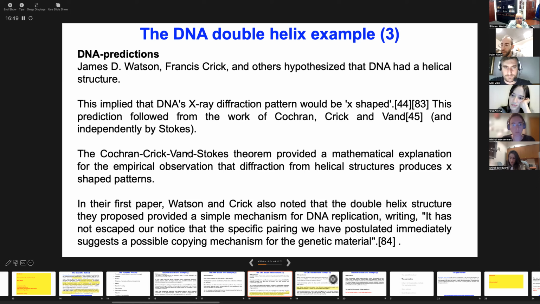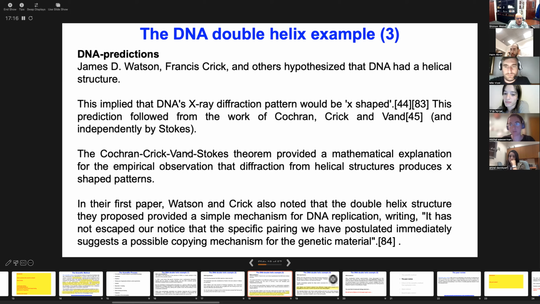And in the first paper, Watson and Crick also noted that the double helix structure they proposed provides a simple mechanism for DNA replication. So beyond just solving the structure, they already proposed in that paper, a very famous paper, and we are going to go over this paper in detail: "It has not escaped our notice that the specific pairing we have postulated immediately suggests a possible copying mechanism for the genetic material."